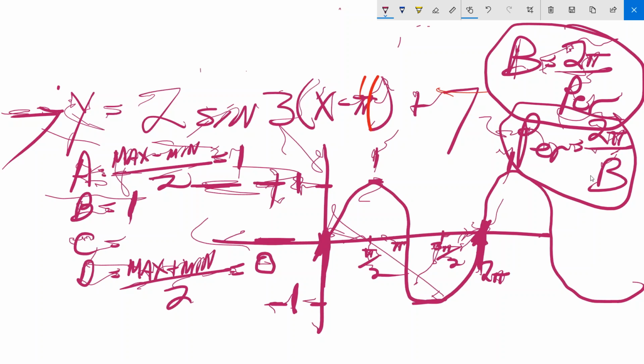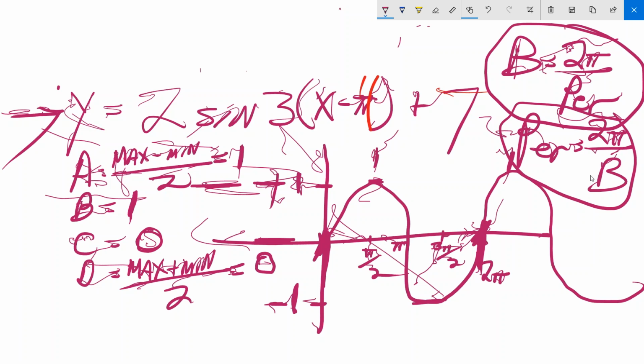This is the sine curve without a horizontal translation. You with me? So C is 0. There is no phase shift, no horizontal shift.